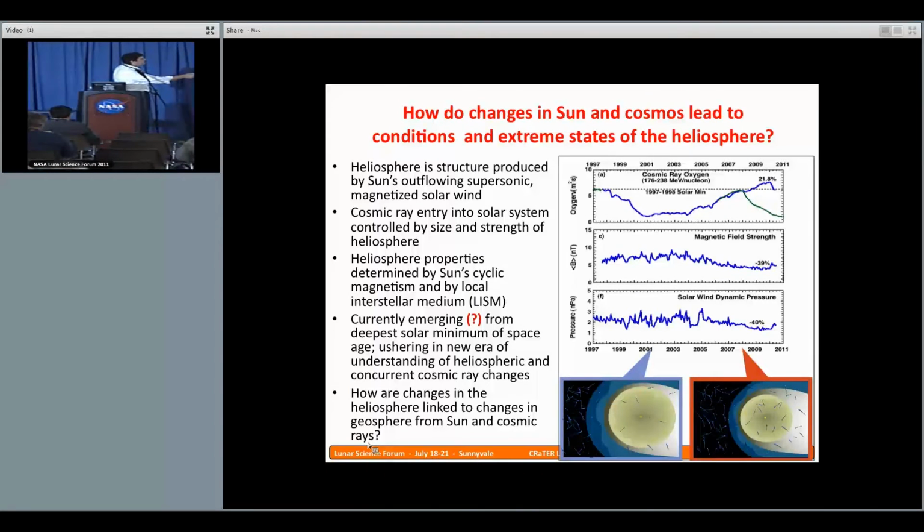Now, this recent period of very high fluxes, in this case, these are measurements from ACE showing cosmic ray oxygen. As I said, we've seen some of the highest levels that we've ever seen in the space age. And also, commensurate with that, the lowest magnetic field strengths in the interplanetary medium. Remember, these field strengths are what are shielding out the galactic cosmic rays.